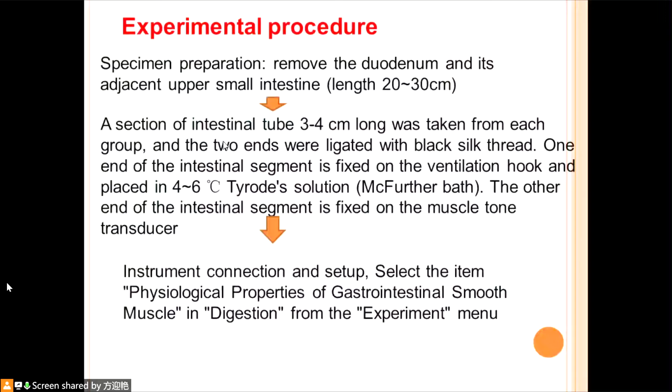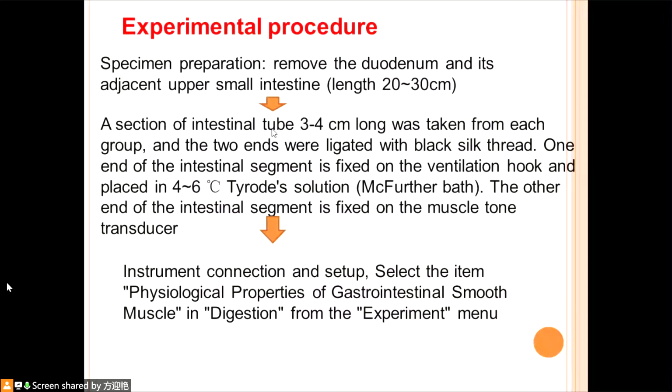We should first do the preparation, and remove the duodenum and the upper small intestine, about 20 to 30 centimeters in length.